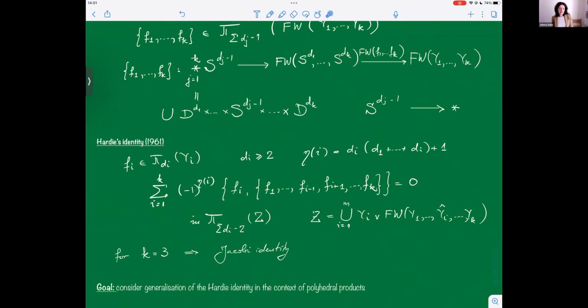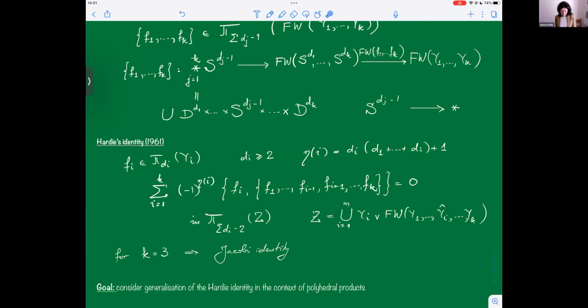Namely, if we assume, in this case, that our spheres, the domains of the f_i's, are at least of dimension 2, because we want the domain to be a suspension space, a co-H space.